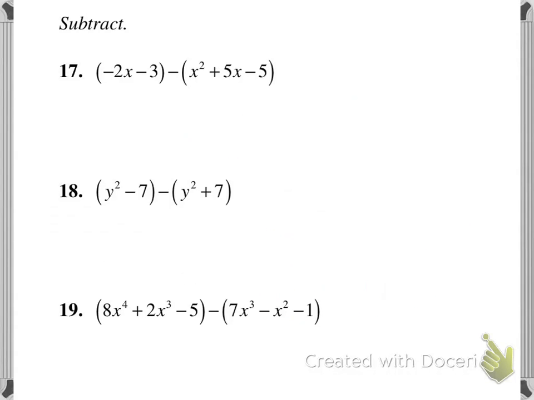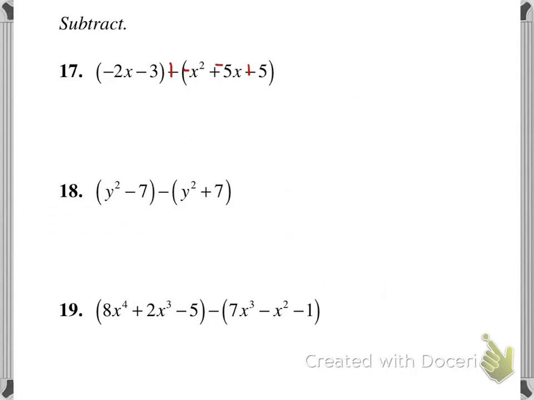Now if we use this idea when we're subtracting polynomials, it makes combining like terms a lot easier, because you can't combine like terms with subtraction, but you can in addition. So if I were to see problem number 17, I would go through and rewrite it as an addition problem. So I would add the opposite. That gets me a negative, and a negative, and a plus.